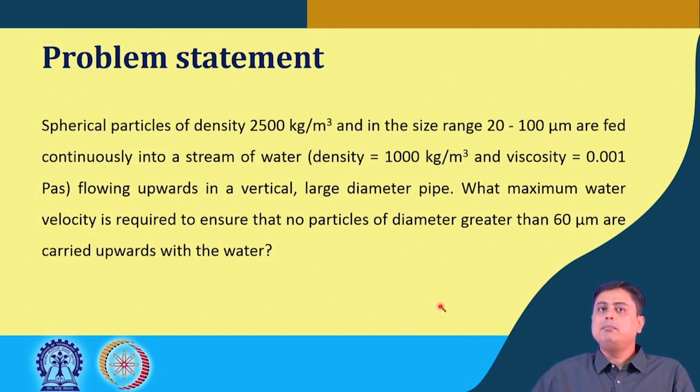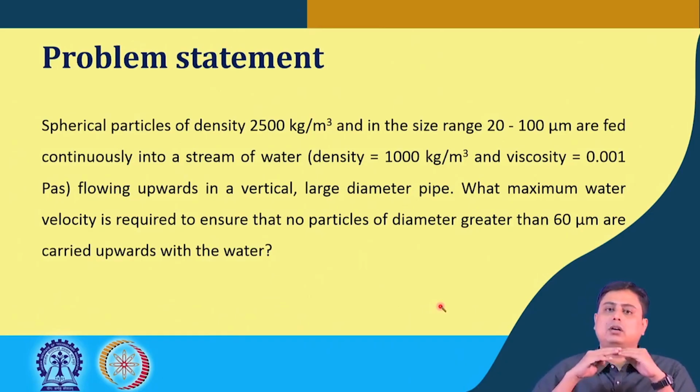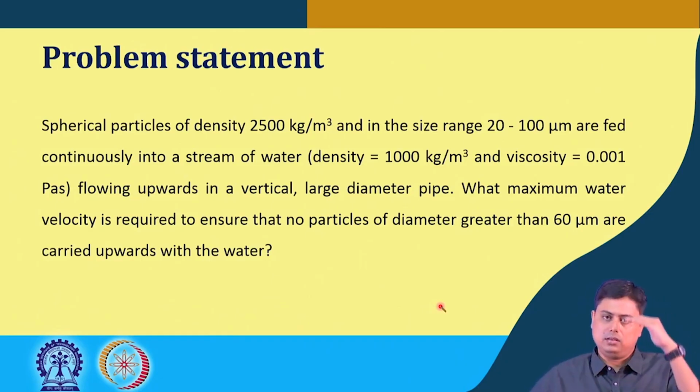What is the maximum water velocity required to ensure that no particle of diameter greater than 60 micron is carried upward? So, again we come back to the concept of its terminal velocity in the flowing stream of water.